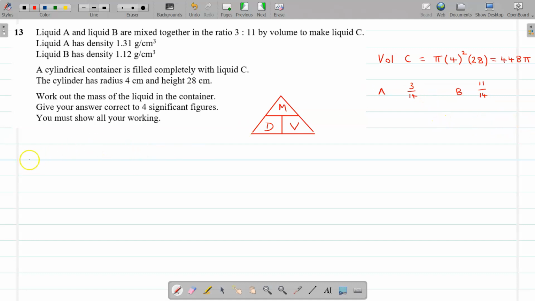Now the total mass comes from the density times the volume. So we'll take the mass of A first, which is going to be, or the volume, which is 3/14 of 448 pi, okay, times the density, which is 1.31.